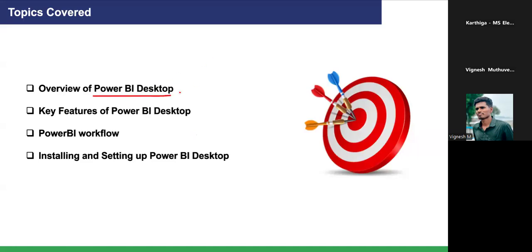In Power BI we also have desktop, mobile and services, so we'll focus on the desktop version, its key features, and how to install it on your system. These are the major things we will discuss first. By the end of this session, you will be able to recognize where data analytics is used around you and understand the basic workflow.